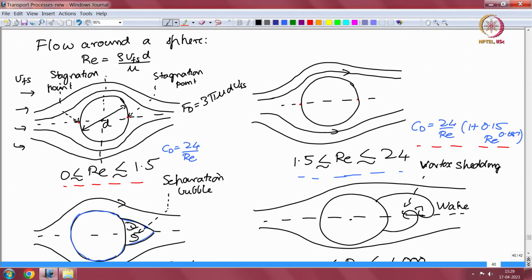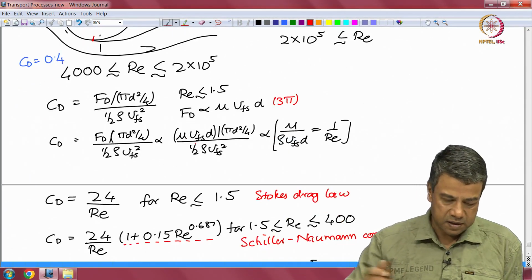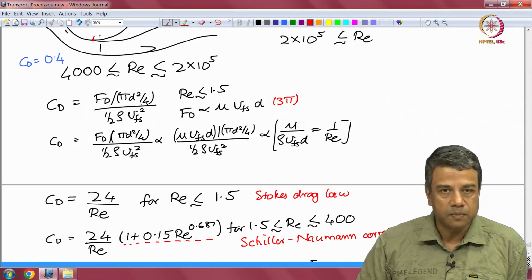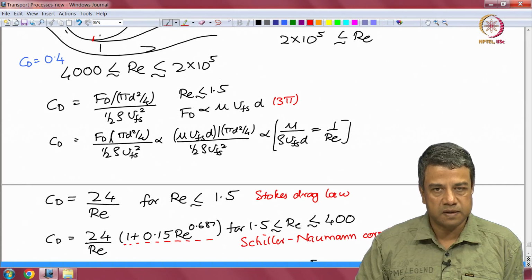And based upon that, you will get the drag coefficient as 24 by Re, where the drag coefficient, you recall, was defined as Fd by the projected area pi d square by 4 divided by half rho times the VFS square.